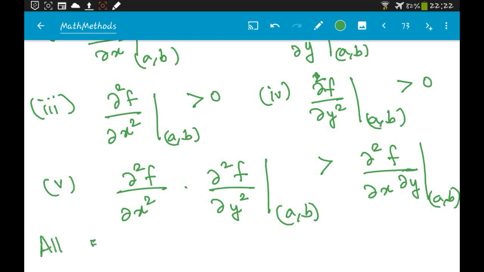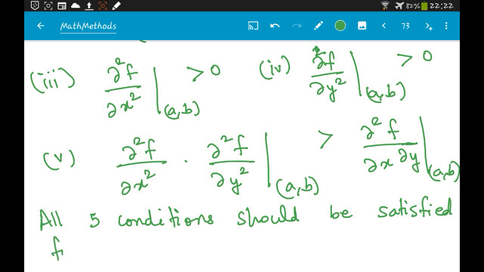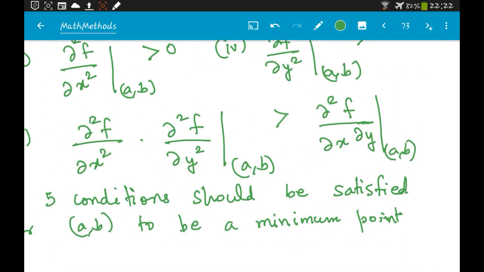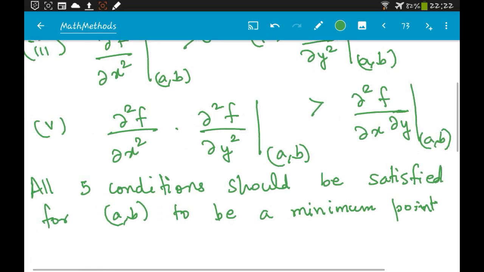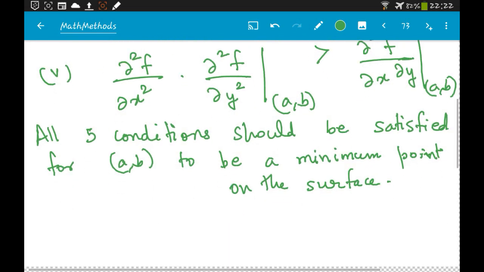So all 5 conditions should be satisfied for (a, b) to be a minimum point on the surface. Okay.